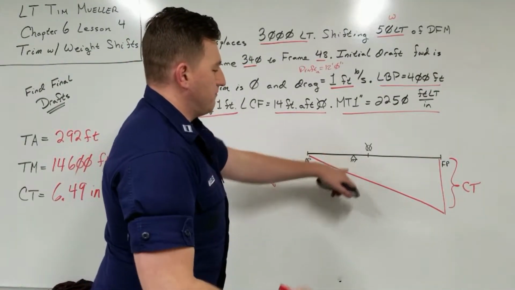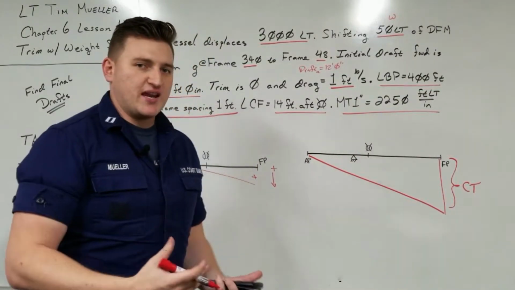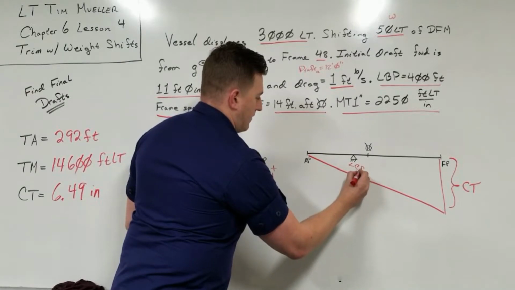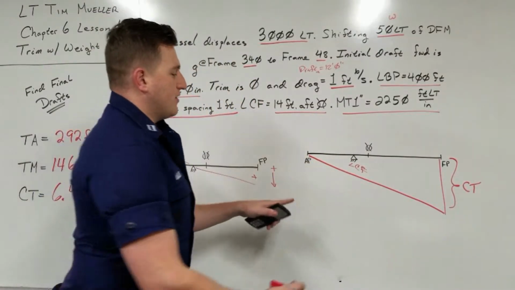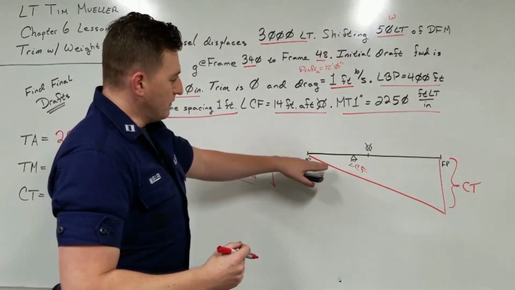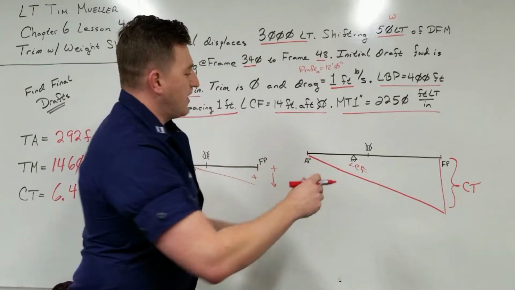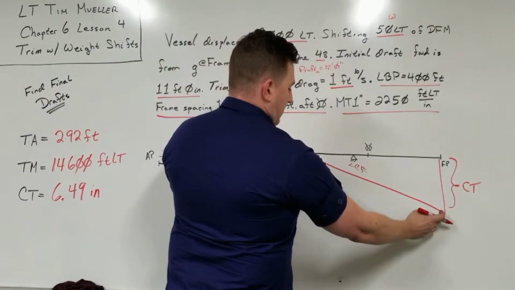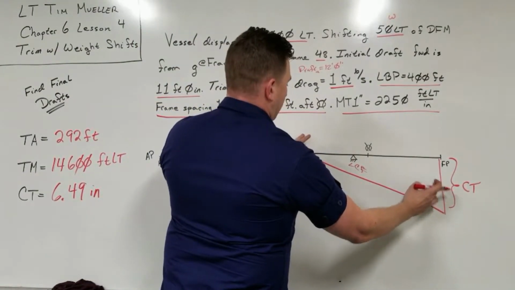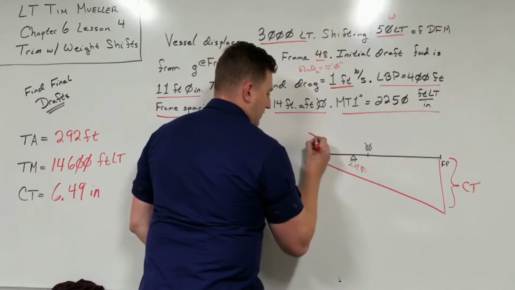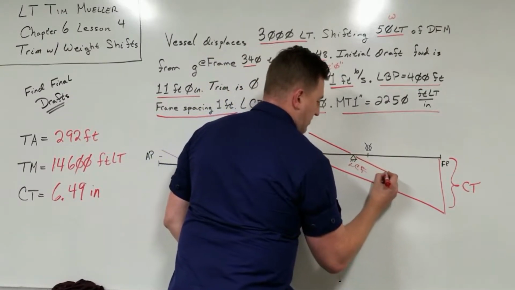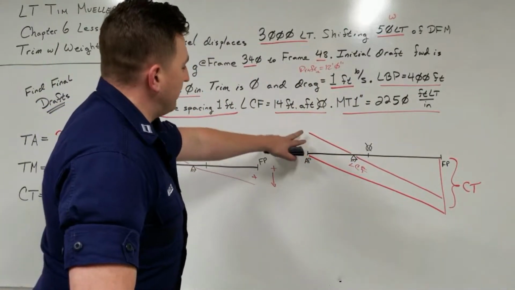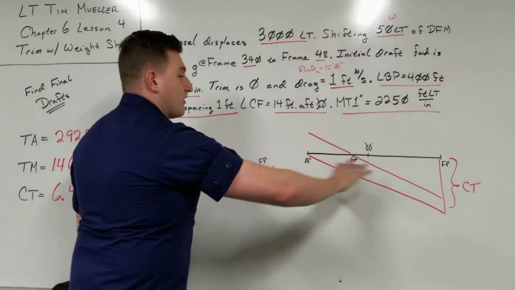We know that the ship, because of a trimming arm, doesn't change draft at the LCF. So knowing that, these two ships have to intersect right at that point. So we take this line and we just shift it straight up. See how straight and parallel I can get these lines? Right like that. Now we have something we can work with.